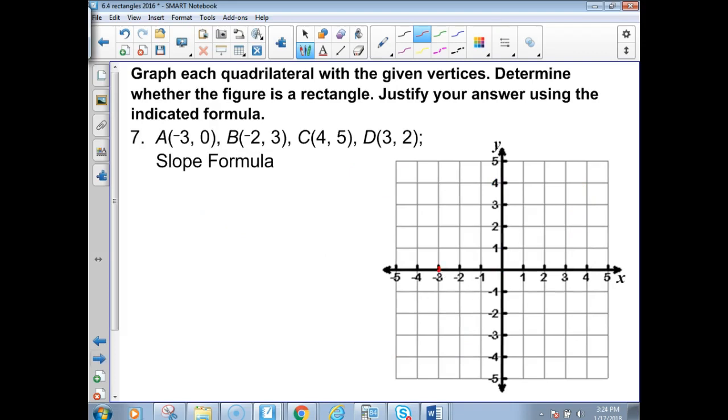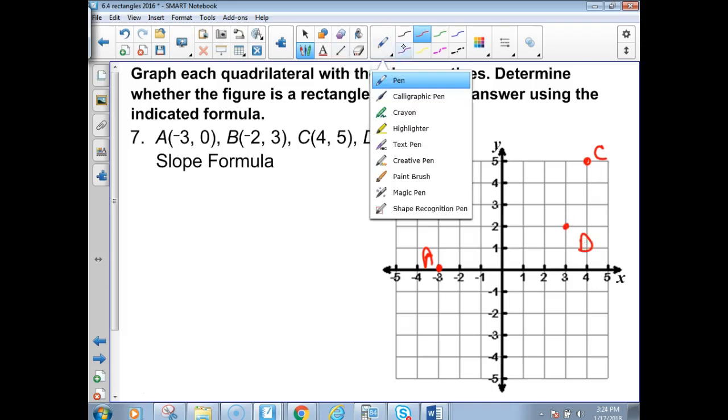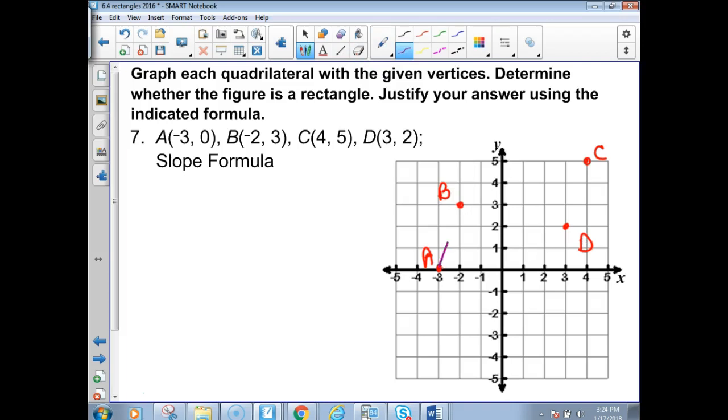Quick graphing this. There's A. B's at -2, 3. 4, 5 for C. Oh, I don't think this one's looking too much like a rectangle, is it? And it's saying to use the slope formula.